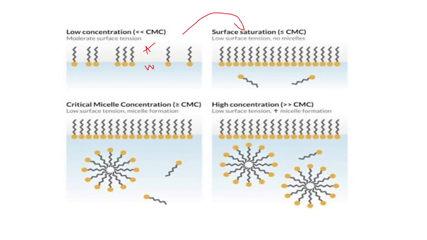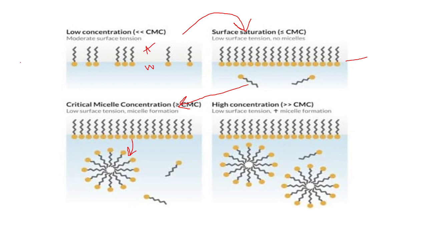If you increase the concentration of surfactants, the surface between water and air becomes completely saturated. If you add still more surfactants, the added surfactants will form micelles.